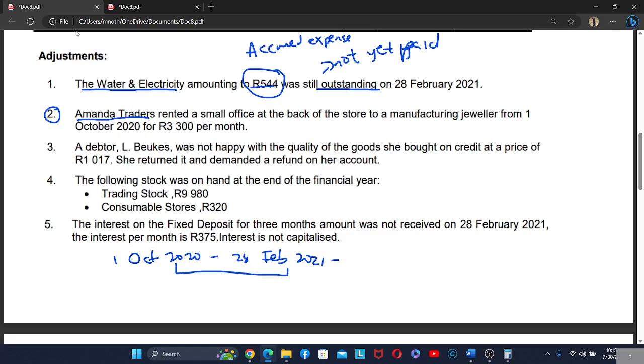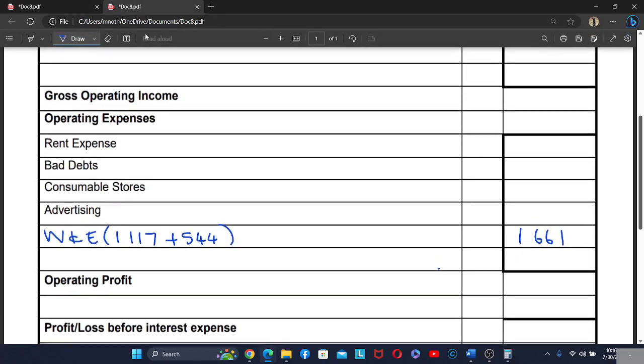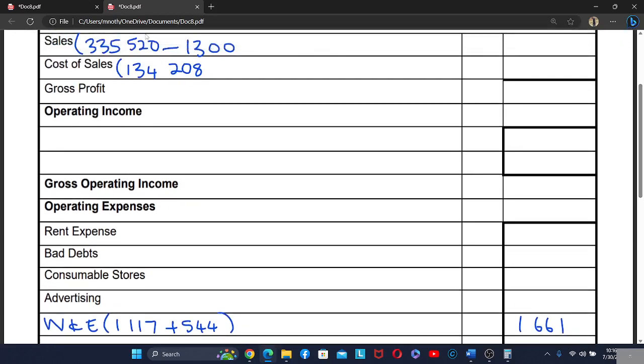So it's going to be October, November, December, January, February. That is 5 months multiplied by 3,300, which is 16,500. So actually, the rent income is supposed to be 16,500. The rent income falls under the operating incomes.